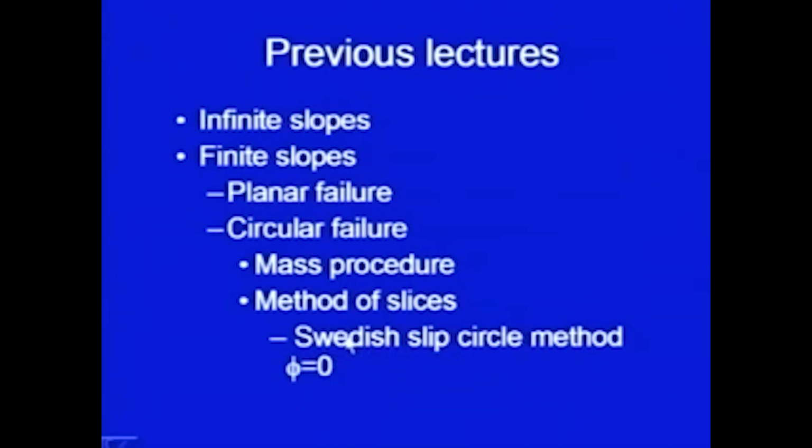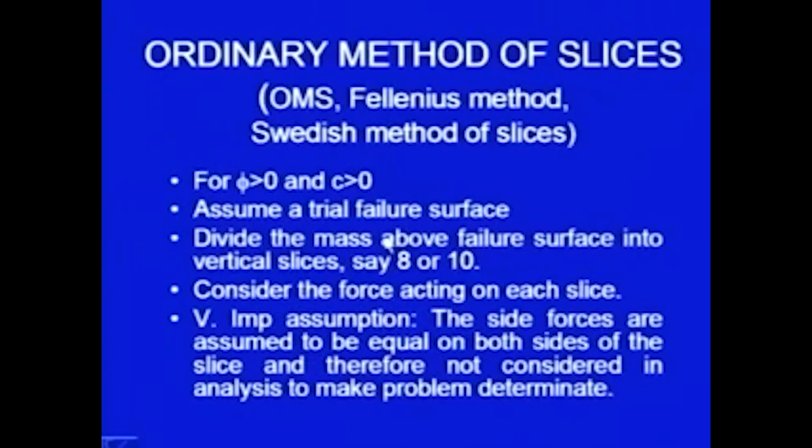Up to this we have already completed, and today we are starting the next case, that is the ordinary method of slices. In short, it is called OMS. It is also called the Fellenius method or Swedish method of slices.